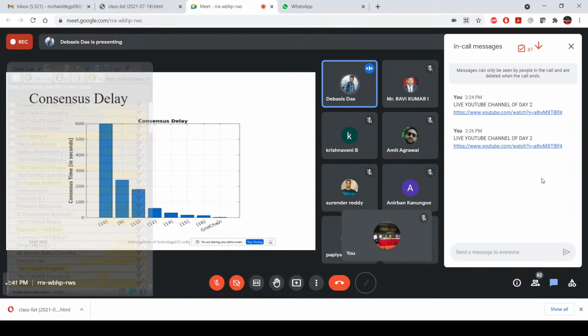This is our GridChain, because consensus delay matters when we modify the blockchain. In GridChain we modified the structure of the block and also the consensus algorithm. When we modify the consensus algorithm, we reduce the consensus delay. So the consensus time and delay are lower in our case compared to the traditional approaches available for the smart grid.